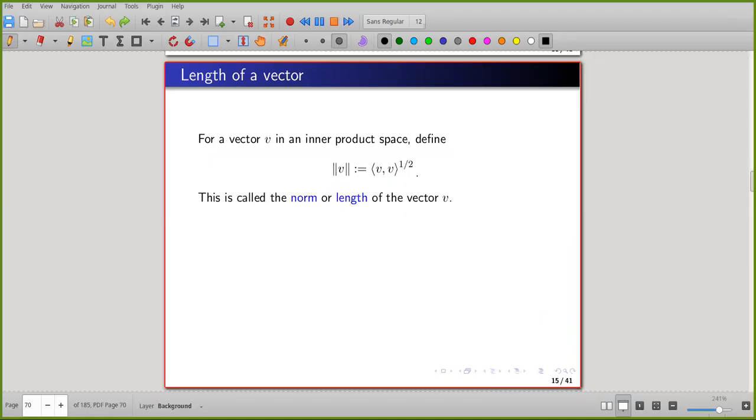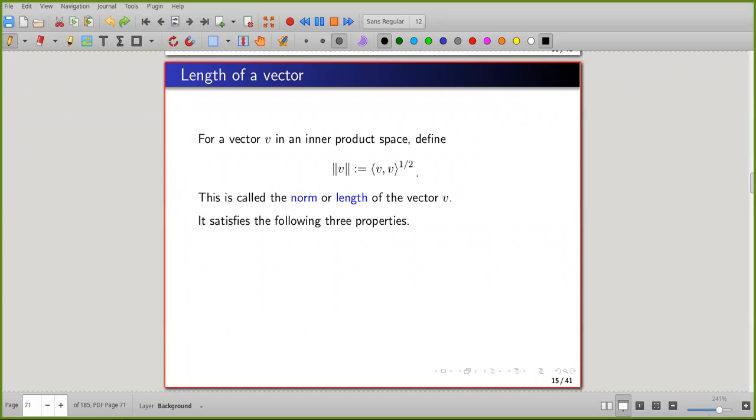This is called the norm or length of the vector v. All these definitions are motivated by what we know about Rn, but we will soon see that we can have vector spaces which are very abstract, and there is no natural way to choose a basis in them.